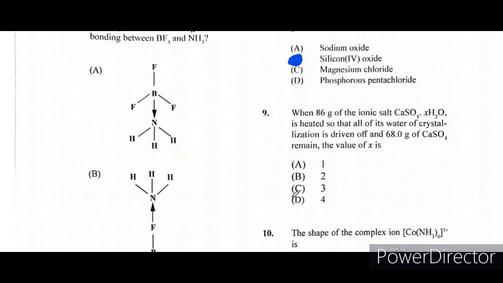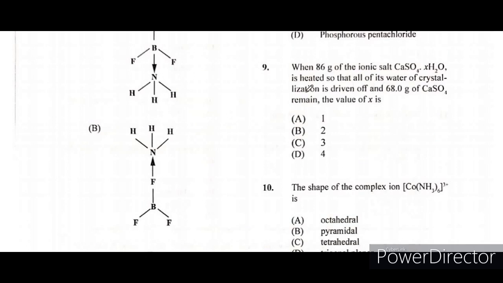Number 9 says when 86 grams of the ionic salt CaSO4·XH2O, that means it has some amount of water with it, is heated so that all of its water of crystallization is driven off, and 68 grams of calcium sulfate remains.